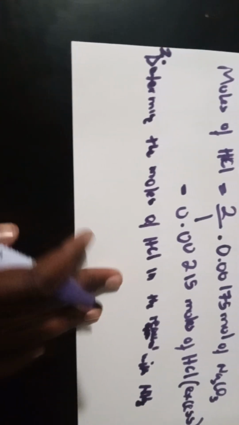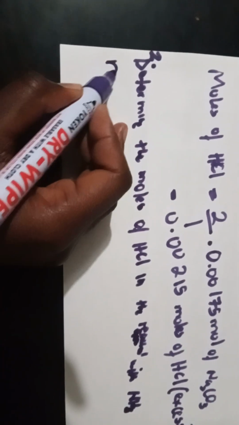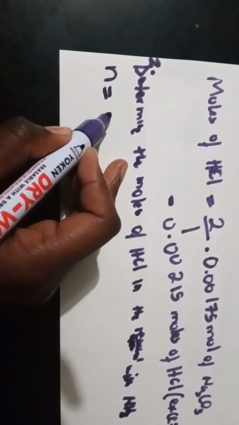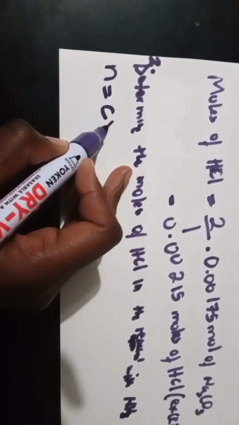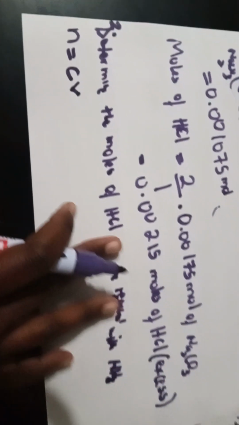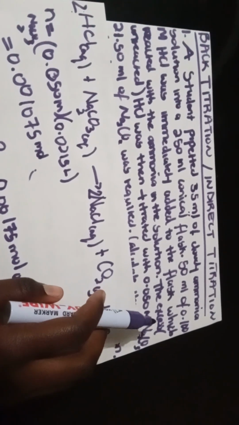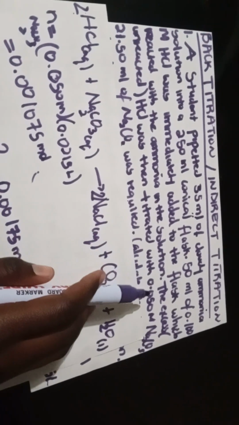So in order to get that, obviously we know that number of moles is given by concentration multiplied by the volume. So to determine this number of HCl, we then have to go back to our question. Our question says, 50 milliliter of 0.10 mole of hydrochloric acid was immediately added to the flask, which reacted with the ammonia solution. And that is exactly what we are looking for.